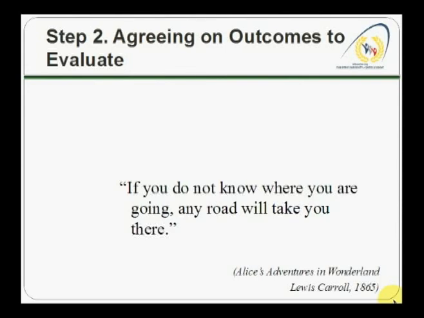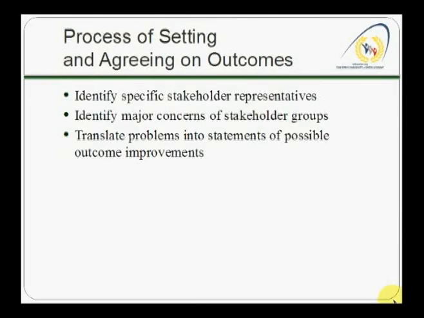If you look at this quote, if you do not know where you are going, any road will take you there. So it's very important for you to agree and to set on a specific set of outcomes that you would want to study or find out during your monitoring and evaluation initiative, right?